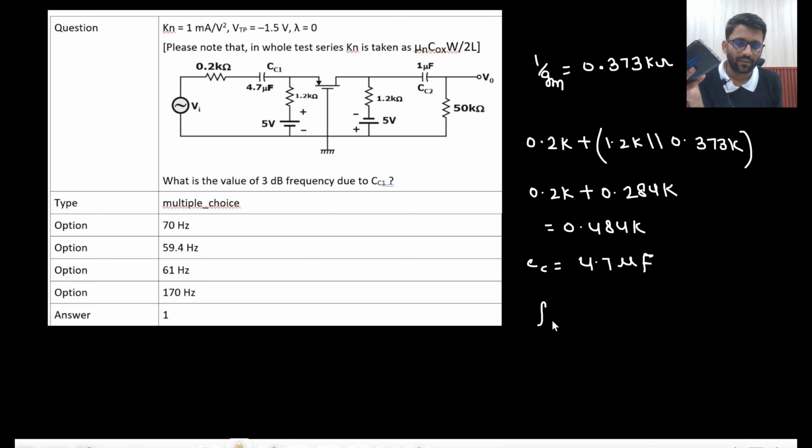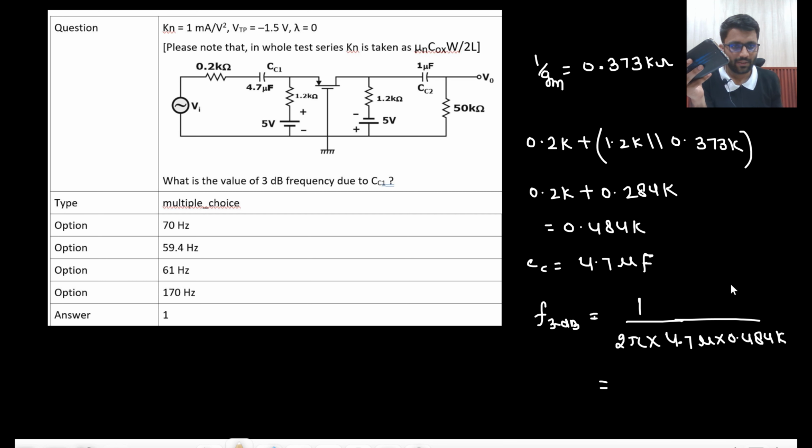So f 3 dB is 1 by 2 pi into 4.7 micro into 0.484 kilo. The 10 to the power minus 3 comes to the upper side as 10 to the power 3. Calculating, we get around 69.86 hertz, nearly 70 hertz. So the answer is option A.